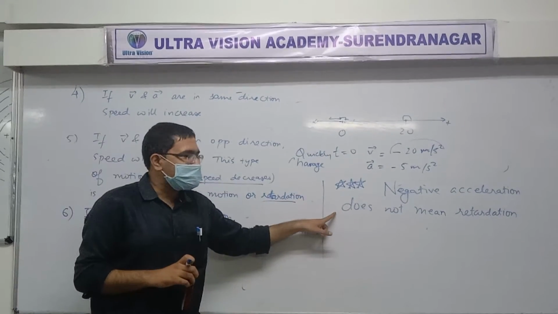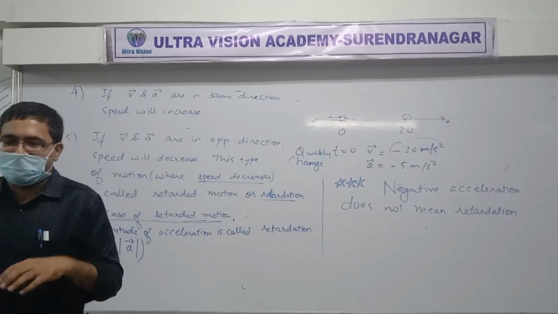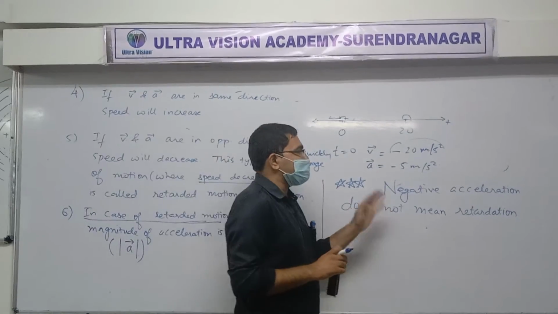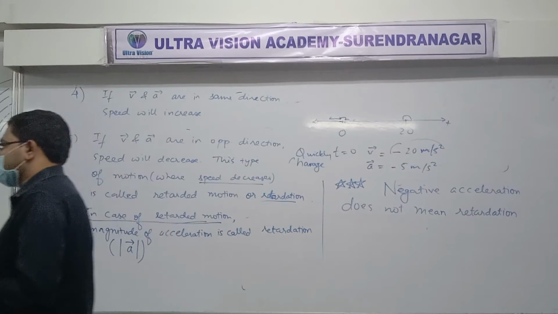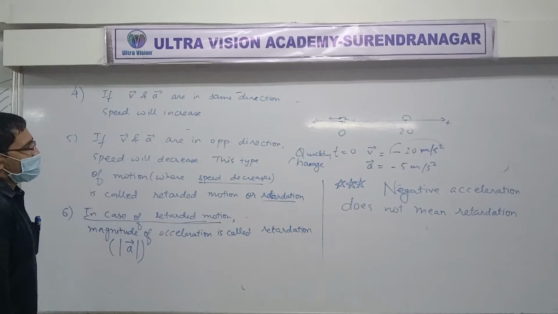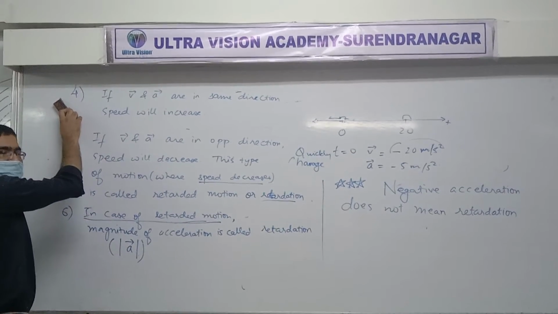Understood this warning? Negative acceleration does not mean retardation. There are cases possible where even if the acceleration is negative, still it is not retardation. Got it? Be careful with that. Right? Okay. I'm erasing the points. We are moving over to graphs.